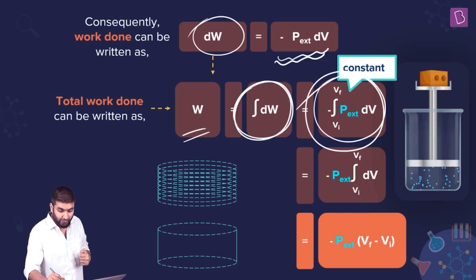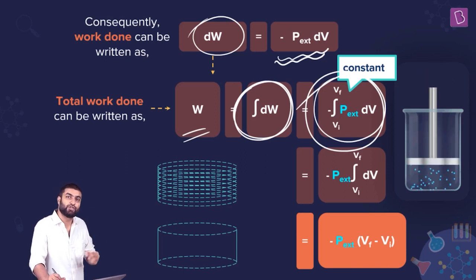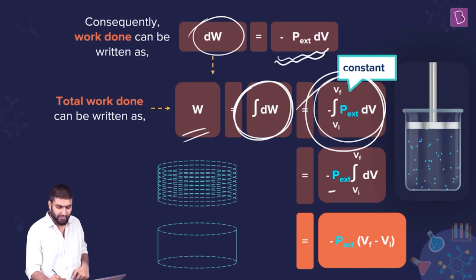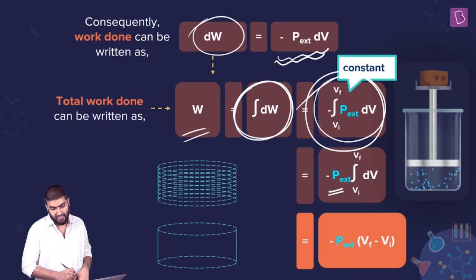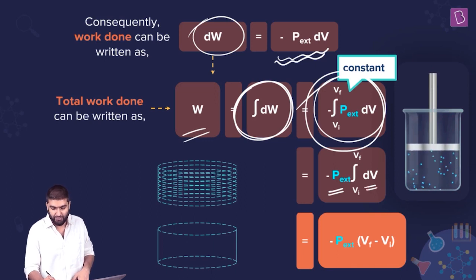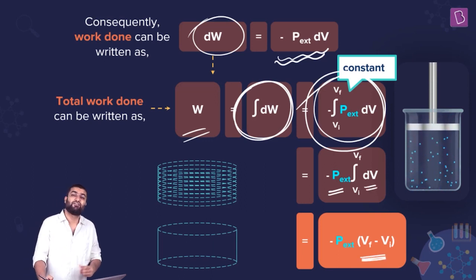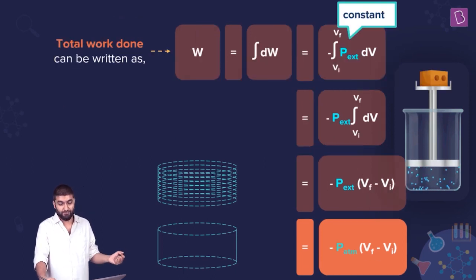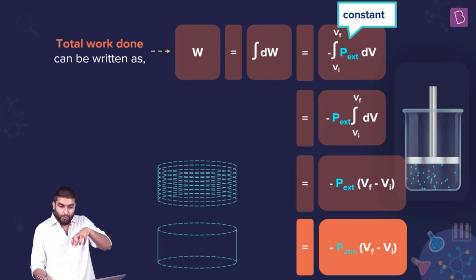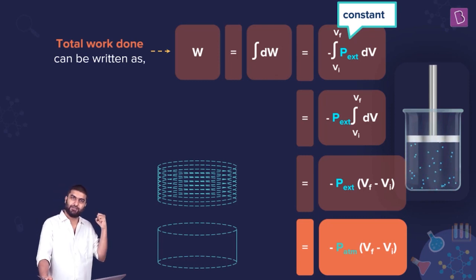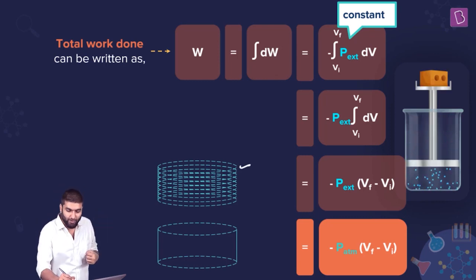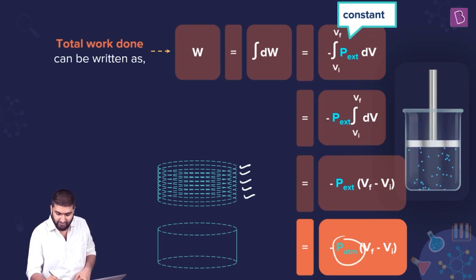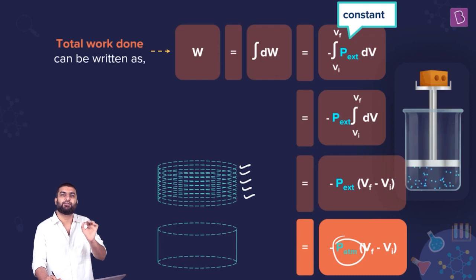Since this is an expansion in which the external pressure is constant throughout, it comes out, and the integration of dV turns into V final minus V initial. Also, once the brick has been lifted, during any of these stages of expansion, the pressure is constant and equal to P atmosphere.